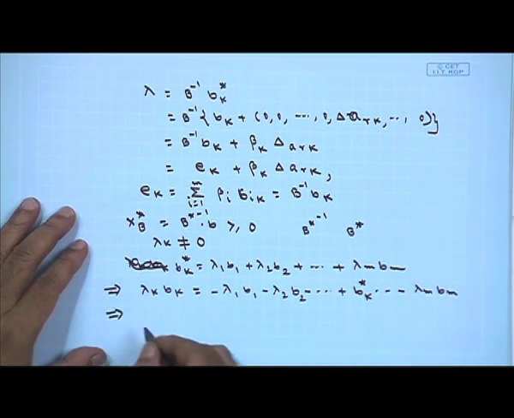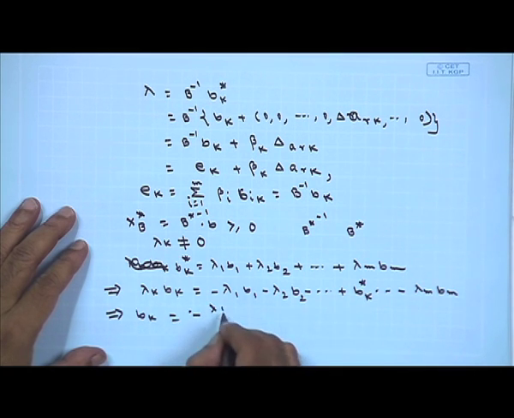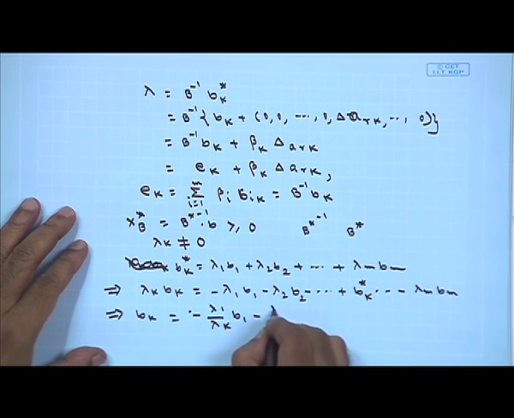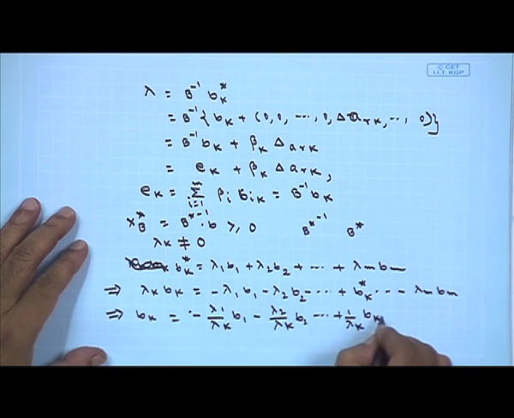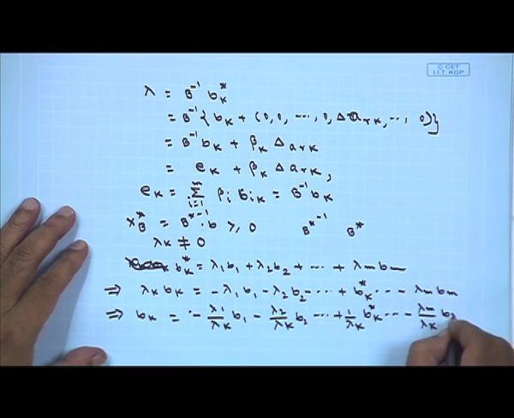Which implies your b k will be minus lambda 1 by lambda k into b 1, minus lambda 2 by lambda k into b 2, and going this way, plus 1 by lambda k into b k star, and so on, minus lambda m by lambda k into b m.